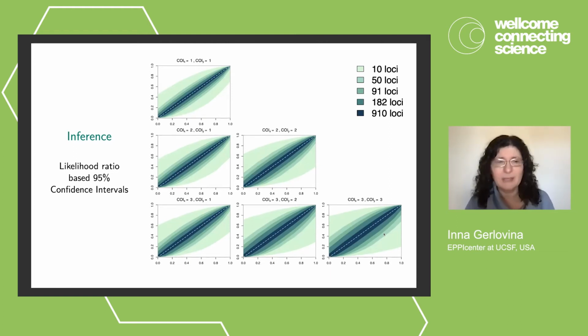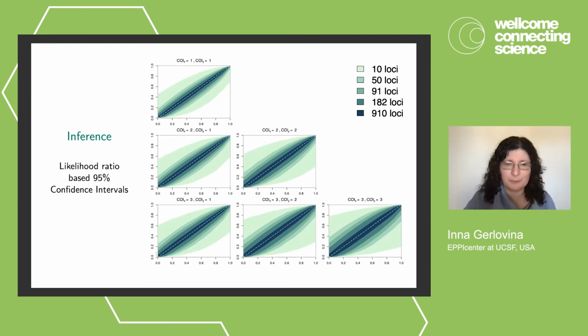So now we get to the territory where we cannot compare it to IBS because IBS cannot deal with that. So we come to inference, and Dcifer can provide confidence intervals based on the likelihood ratio statistic. Here different panels are different COIs, the x-axis is the true R, and on the y-axis we essentially have this confidence interval.